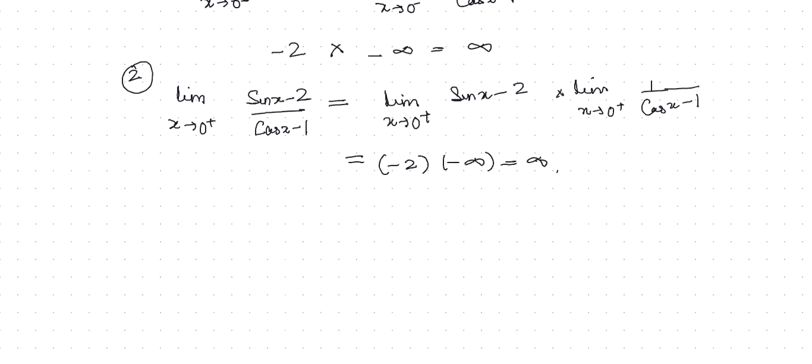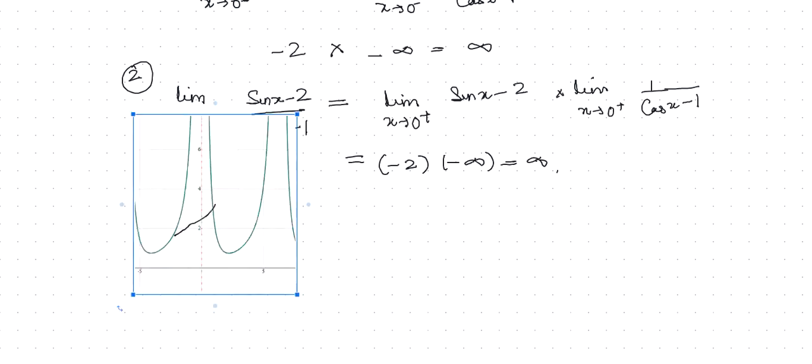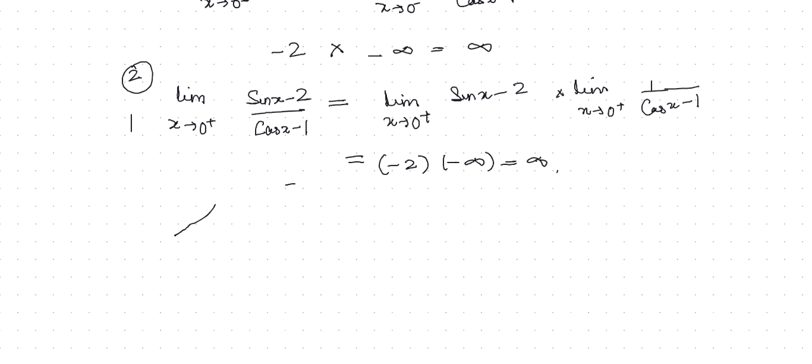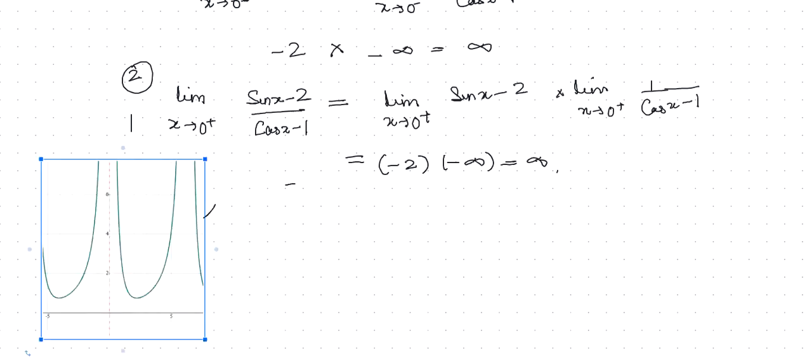If we see the graph of this, it would be something like that, which will also show that as the graph approaches 0, the value of the function is going towards infinity.